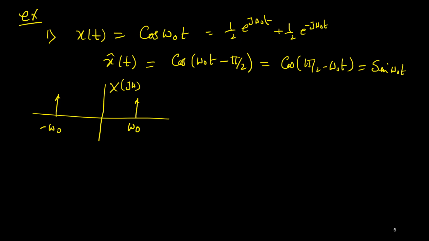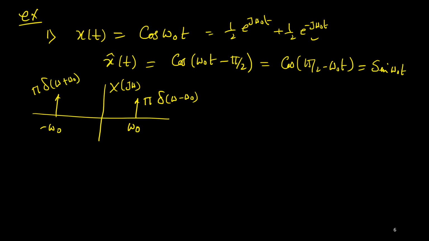So this is shifted around omega naught. This is 2 pi times delta of omega minus omega naught, so the 2 is cancelled out, and you get pi delta omega minus omega naught. For the second one, you get pi delta omega plus omega naught.